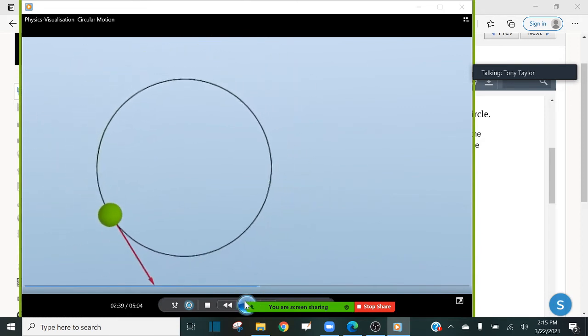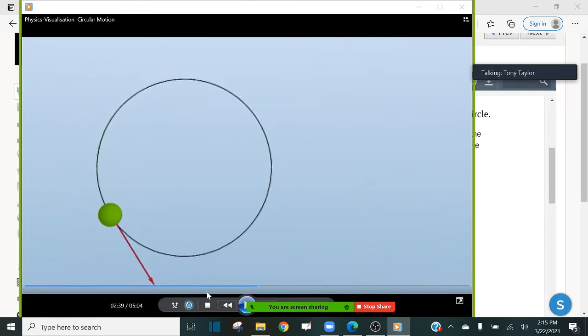So basically, what this arrow is telling me is, one, how fast the object is moving at that point. The length of the arrow represents how fast it's moving, and the direction the arrow is pointed in shows us where the object is going at that point.